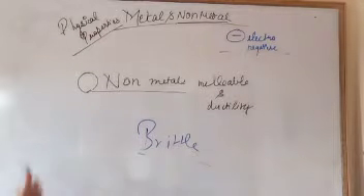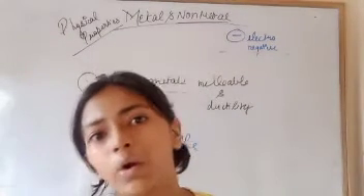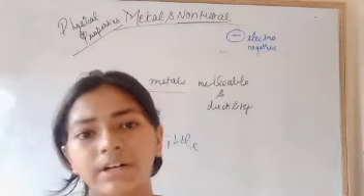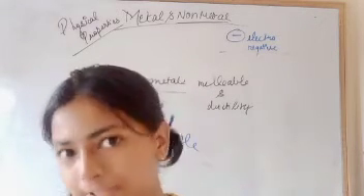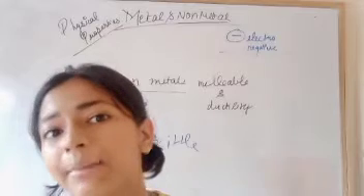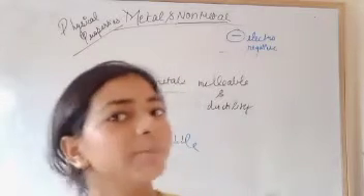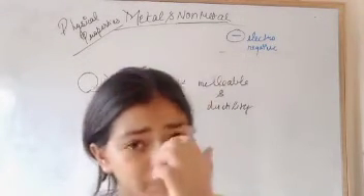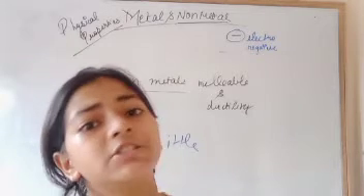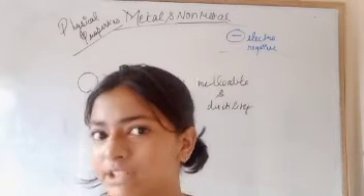Okay, so now we complete the physical properties of non-metals in this video. Till now we have covered all the physical properties of metals and non-metals. Lustrous nature: metals possess lustrous nature, but non-metals do not. Sonorous nature: metals possess it, but non-metals do not.